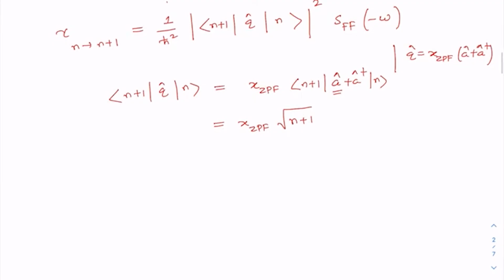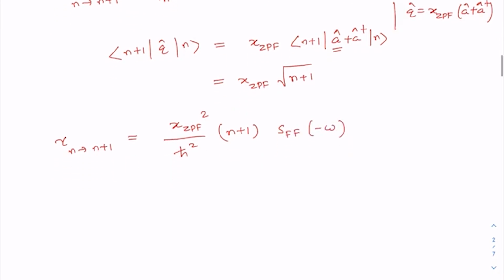Now you can write gamma for n to n plus 1 is equal to x zero point fluctuation squared divided by h-bar squared, times n plus 1, times the spectral noise density evaluated at minus omega.